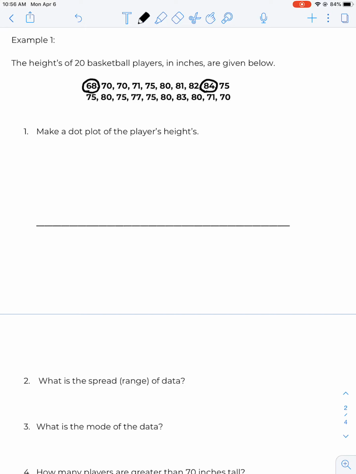So I'm going to make the number line first. Here I'm going to have 68, and I'm going to try and make this as evenly spaced out as I can. I'm going to write this number line out as best I can. Notice it doesn't have to be perfect.